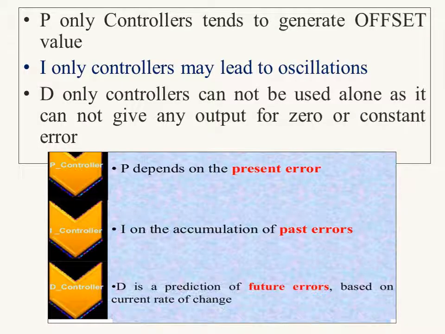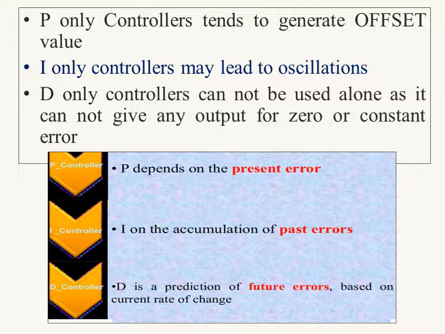Now for the overview, P only controllers tend to generate offset. When you use only P control, not combined with any other control like I or D, you are sure to get an offset, or a steady state error. When you use only I control, it may lead to oscillations.